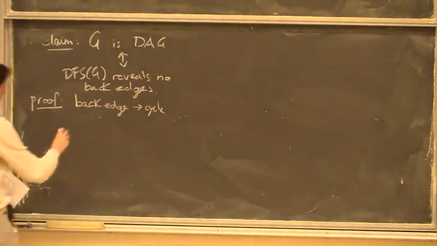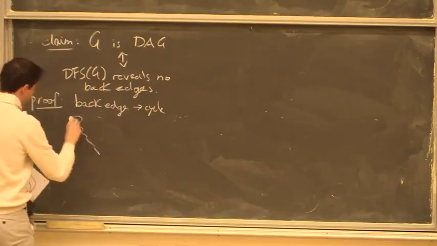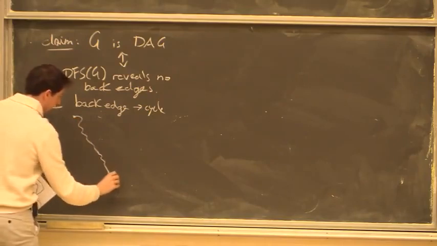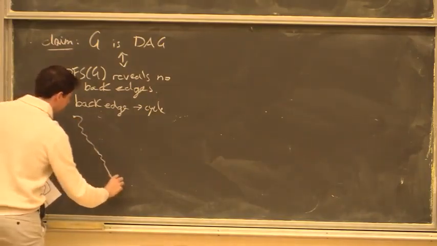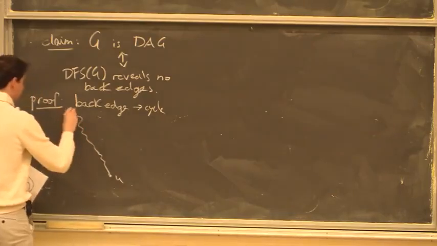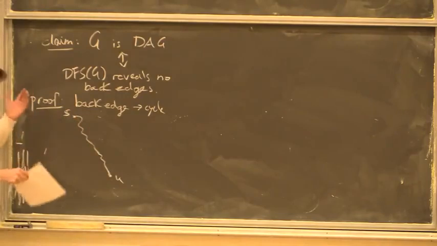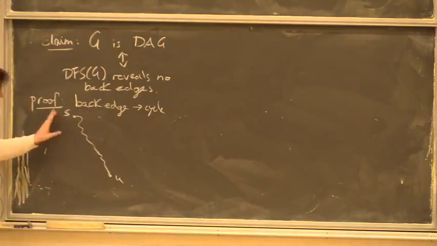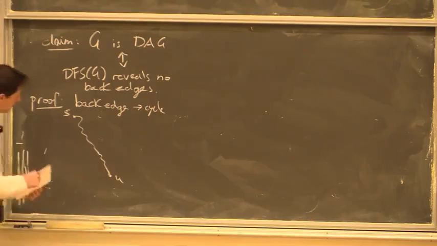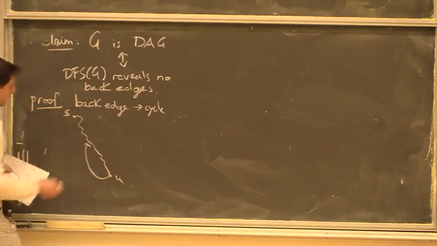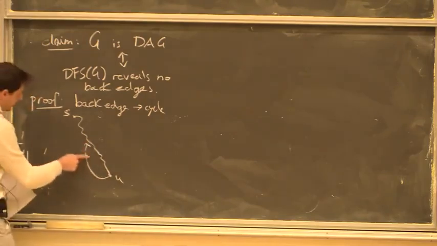Why? Because you made your way from the root down to some vertex U. This is where you started, let's call it S for start, and you're under some particular invocation of explore, making your way down. At some point you consider the edge U V, and it ends up being a back edge. Why is it a back edge?